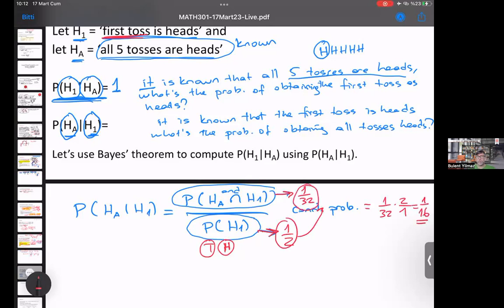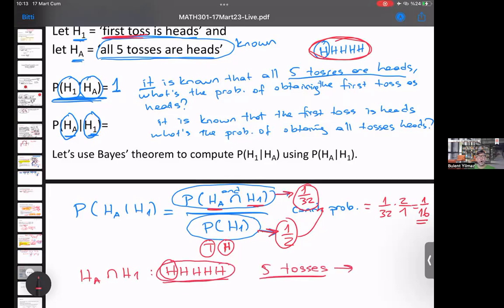Why is it 1 over 32? Because the first toss being heads and all tosses being heads is only one option: H, H, H, H, H. All tosses should be heads, and the first toss is also H. So what's the probability of obtaining this out of 5 tosses of a coin?